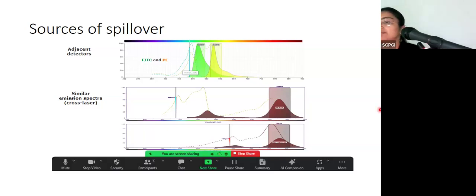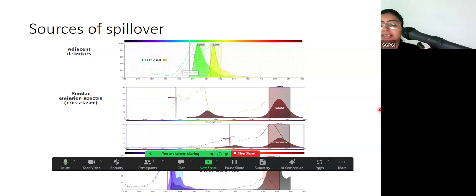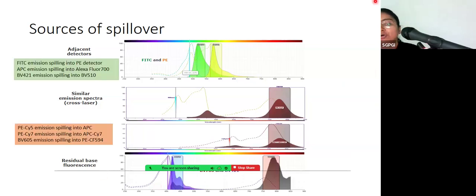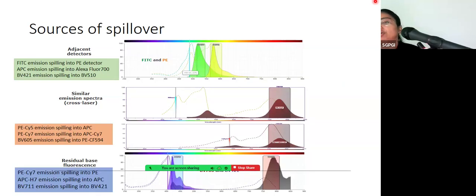So they also have some amount of spillover which needs to be corrected. And the last one is residual-based fluorescence. For example, if you're using tandem dyes, so PE-Cy7, the PE component of it will also lead to some fluorescence in the PE channel. So these are examples of these 3 different phenomena.